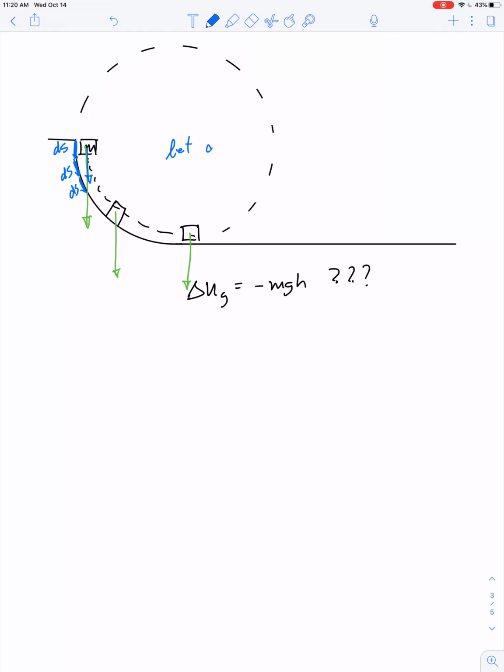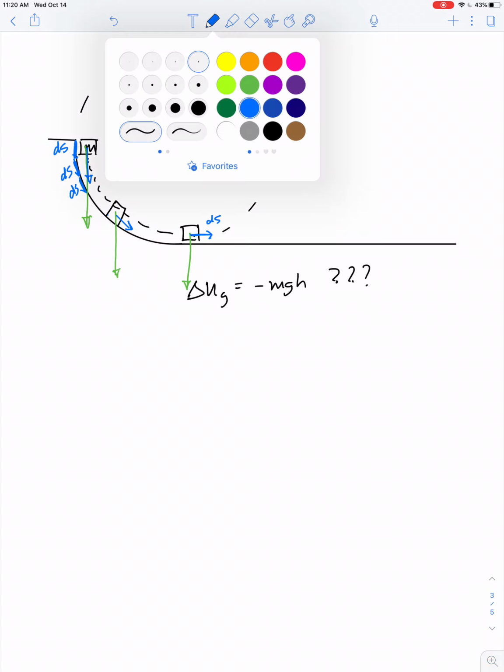These are all little vectors. You know what we're going to do. We're going to break the path up into such small incremental bits that we'll imagine ds is approaching 0, or at least we'll take the limit as ds does so. So by the time the block gets to this position, the vector ds points in that direction, and once it reaches the flat ground, ds points in this direction.